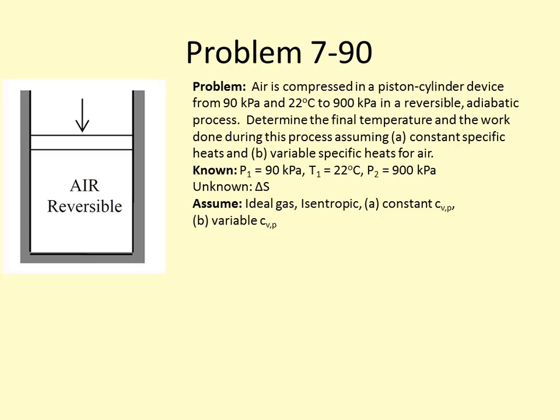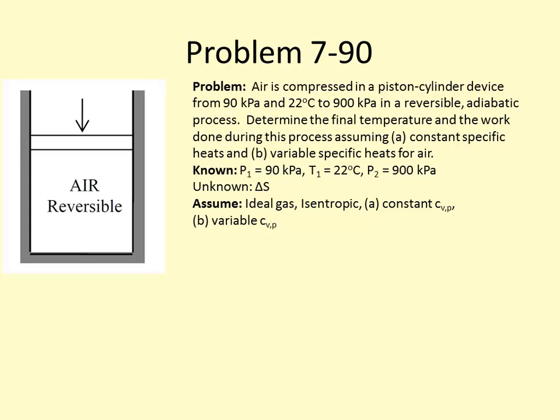So let's do a problem utilizing some of this. Air is compressed in a piston-cylinder device from 90 kilopascals and 22 Celsius to 900 kilopascals in a reversible adiabatic process. Okay, so reversible adiabatic, what does that mean?